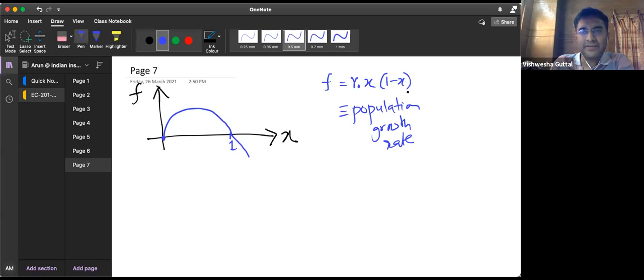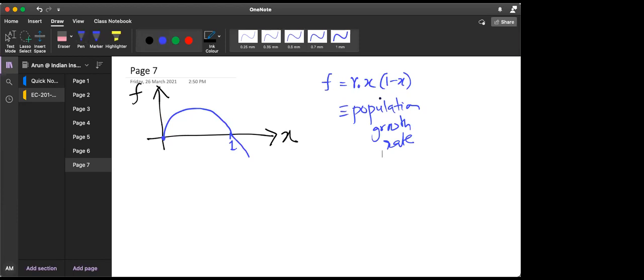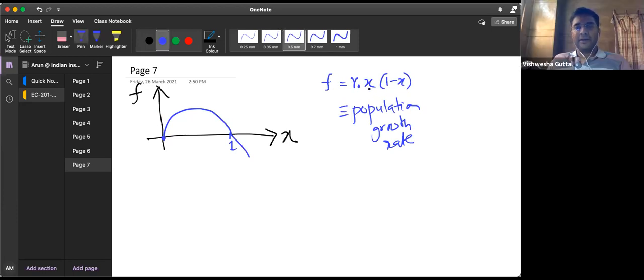Wherever f is maximum, right? Do you agree? The total growth rate is maximum when f is maximum. And when is that? When x into 1 minus x is maximum, and the maximum value of x into 1 minus x is 1 by 4 when x equals half. So population growth rate is maximum at half the carrying capacity.